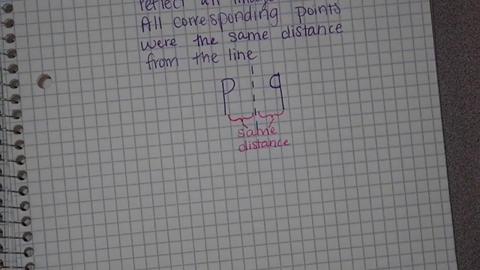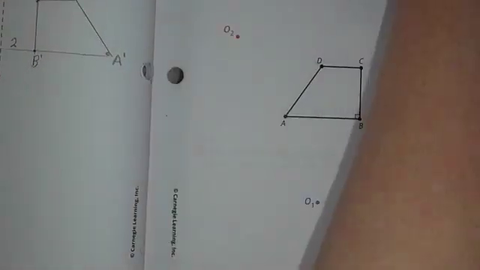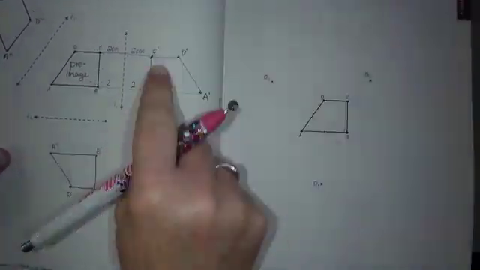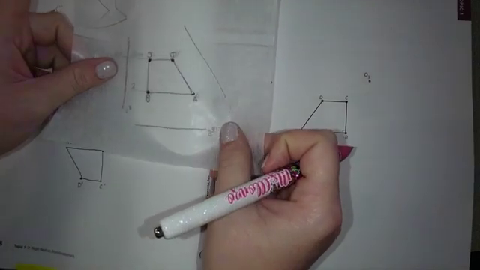Okay, so let's make sure that we answered everything. So what stayed the same? Did the shape get bigger? So if we look at page 28, so I'm answering the questions on page 20, but did the shape get bigger or smaller? Well, no, the shape stayed the same size. Do you remember what we call that in our vocabulary words? Congruent.